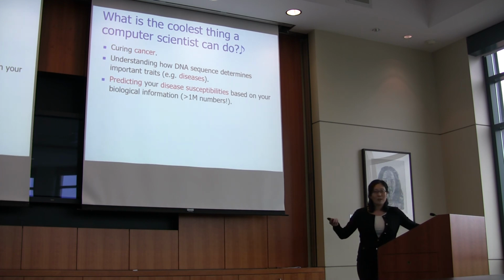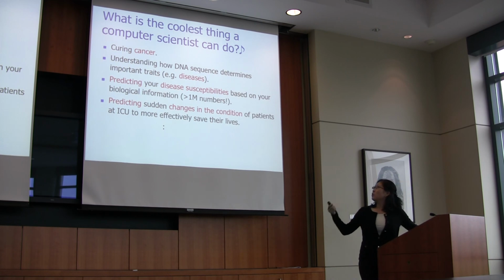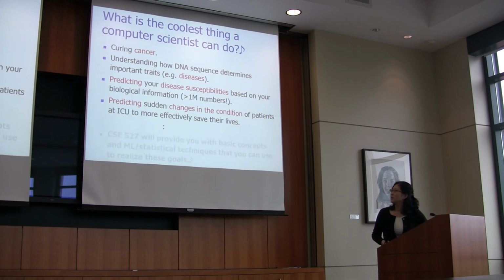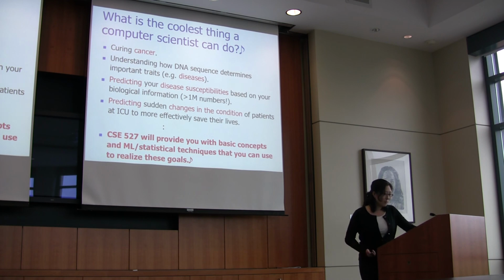Again, in modern biology, biological information means millions of numbers. Okay? And predicting sudden changes in the condition of a patient in the ICU, intensive care unit, to more effectively save their lives, and so on. And 527 will provide you with all the basic concepts and techniques in machine learning and statistics that can help you realize these goals. Thank you.